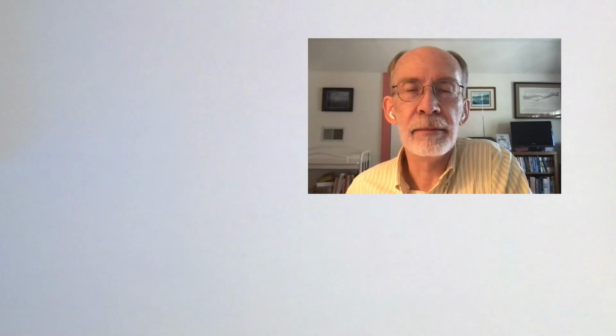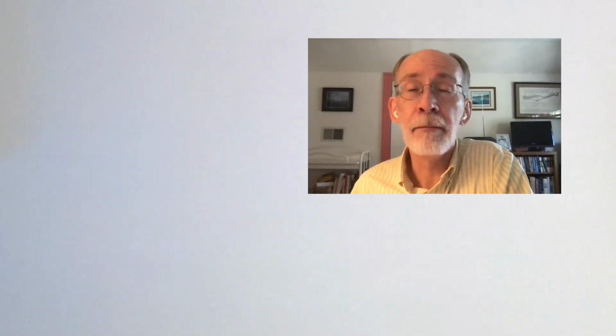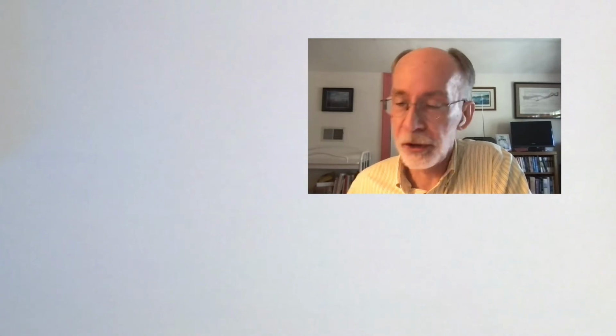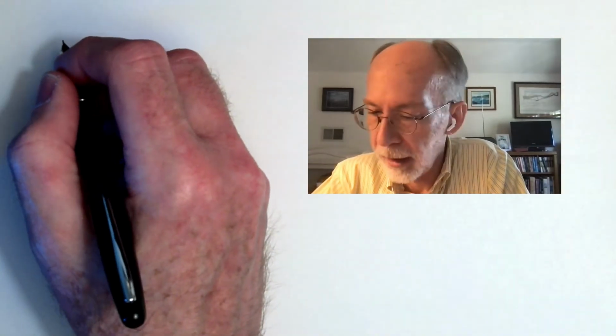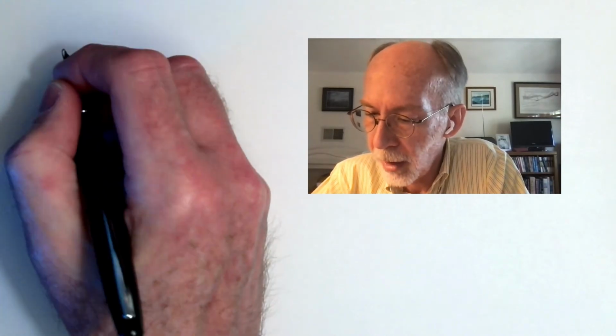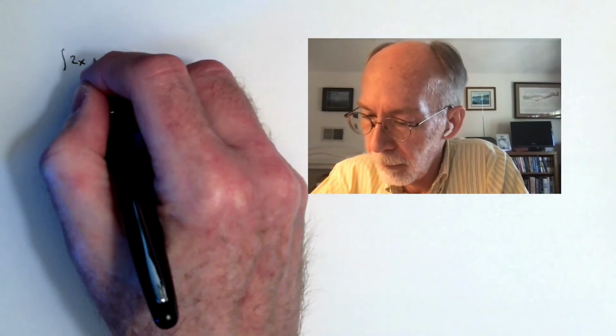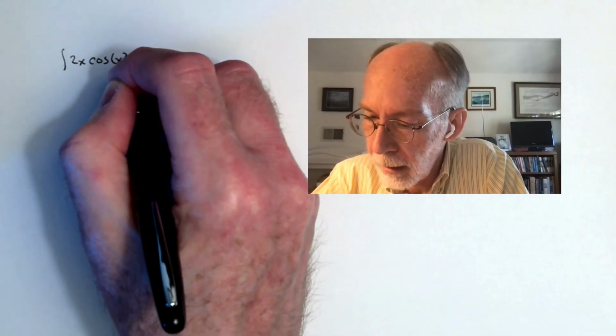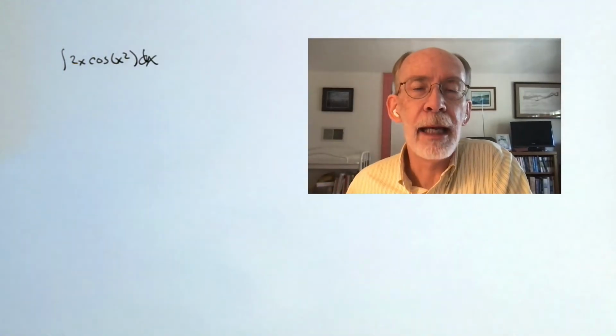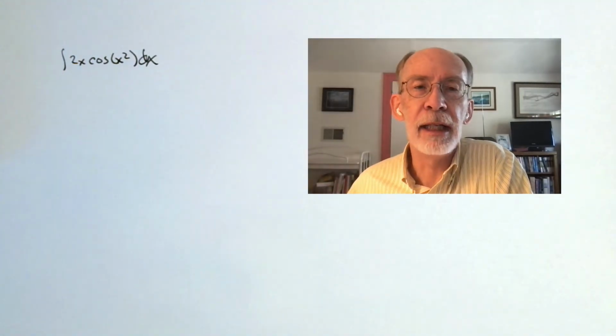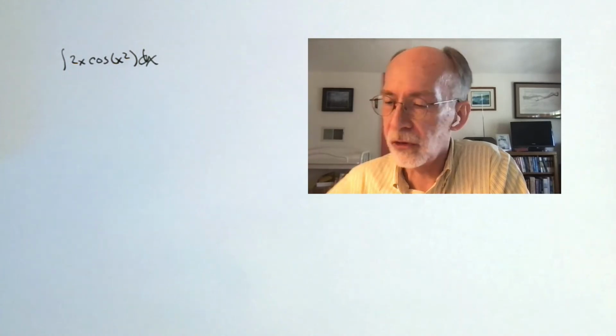So here's a second look at example 1 with the idea that we're going to use this substitution notion explicitly rather than to just sort of wrangle the chain rule in our heads. So the integral again was 2x cosine x squared dx. And the function that is the inner function in the composition is the x squared.